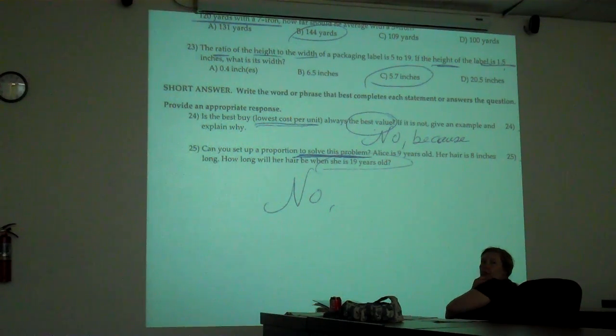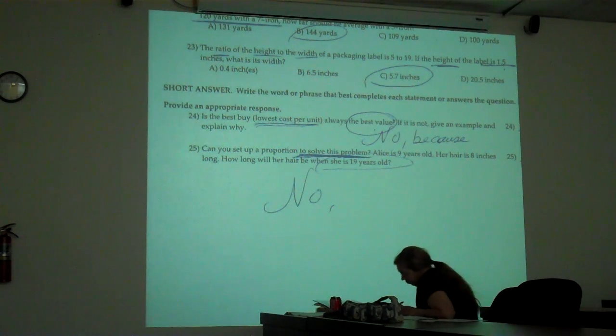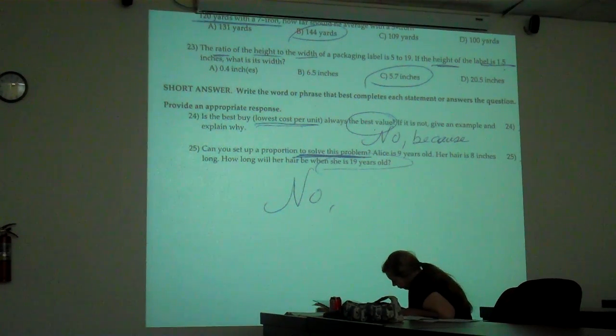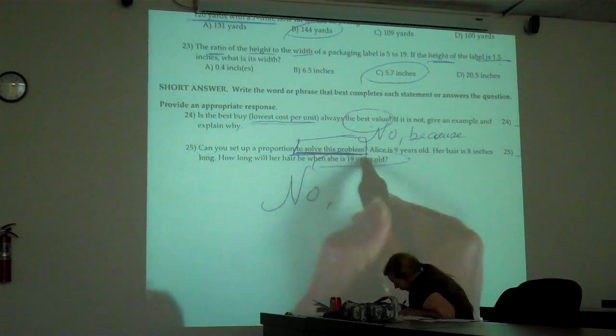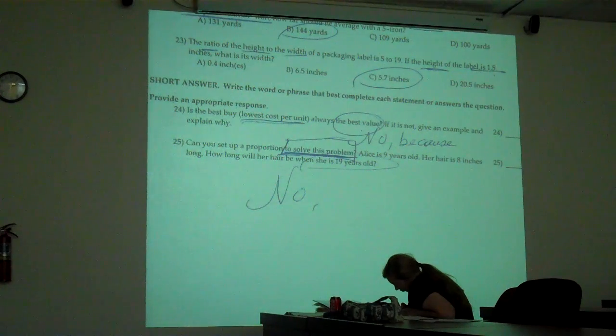So you don't know. It will not solve it. You can set one up, but it's not going to solve it. It doesn't say, can you set one up? It says, can you set one up to solve the problem? So nope, it won't work. And that's the end of the review.